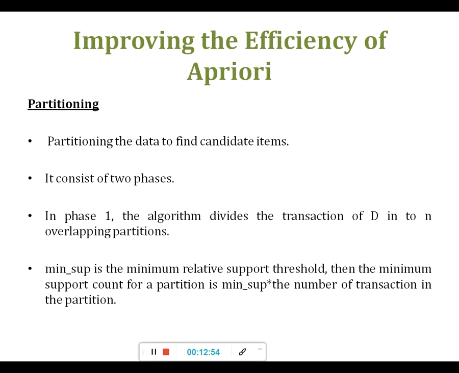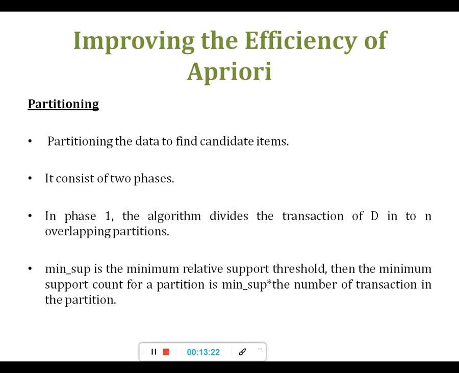The minimum support is the minimum relative support threshold, and the minimum support count for a partition is the minimum support times the number of transactions in that partition. So the minimum support count will be much smaller when you divide your transaction data set into partitions.